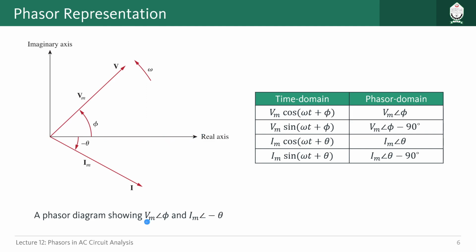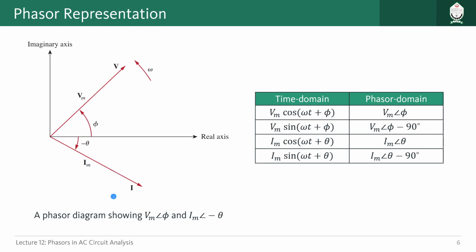So if we want to represent Vm angle theta, that can be represented like this, because this is a positive angle here, this is the amplitude, and Im angle minus theta can be represented like this. Im is the length and minus theta is the angle.